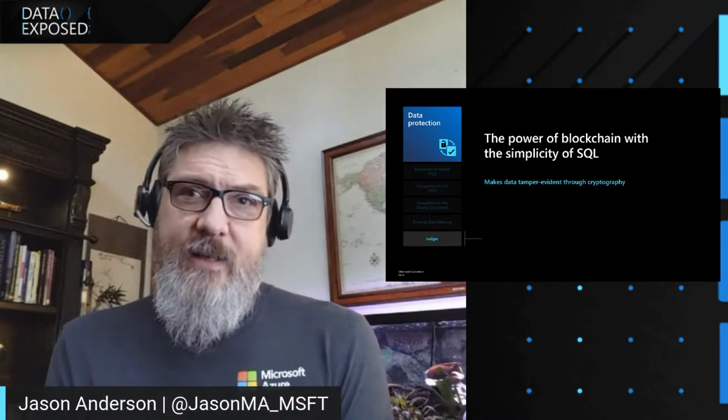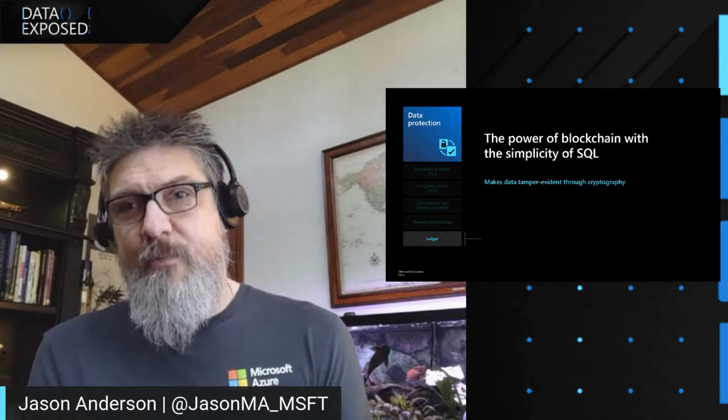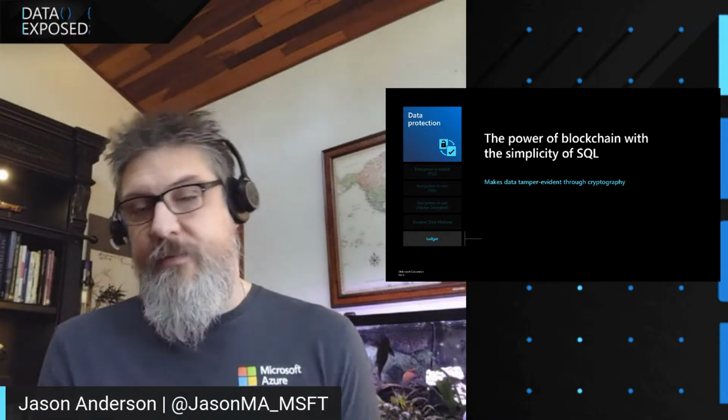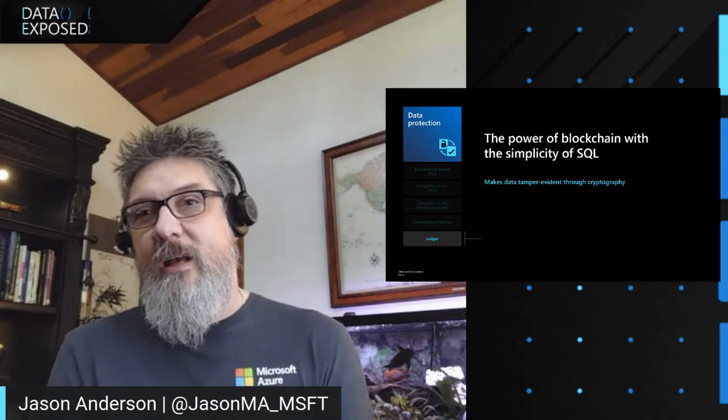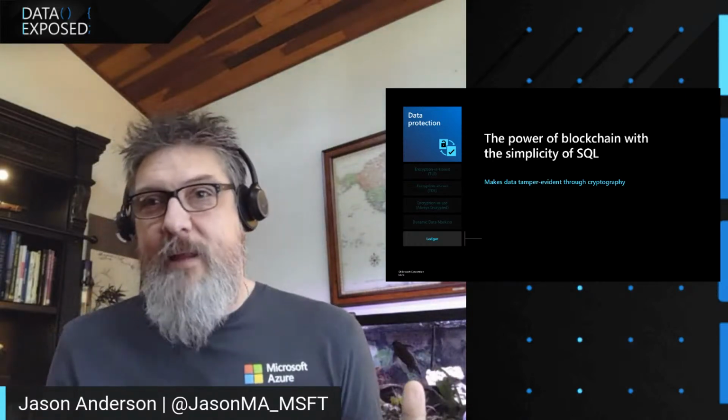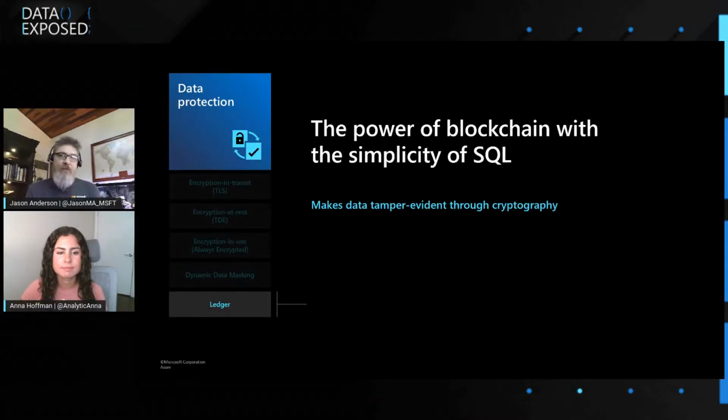One of the challenges that we've found is that many customers that want this level of digital trust don't have the need for the decentralization of a blockchain. When I say decentralization, what I'm talking about is that a blockchain requires every party that participates in it to host infrastructure. That infrastructure has to be connected and governed the same, and it's very challenging from an infrastructure and a business process standpoint to set up.